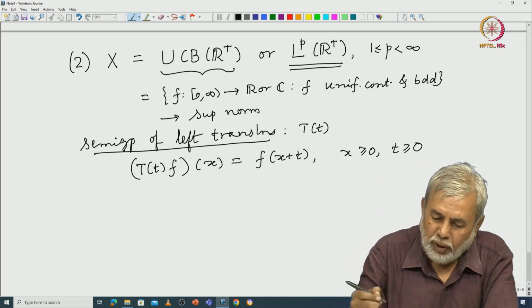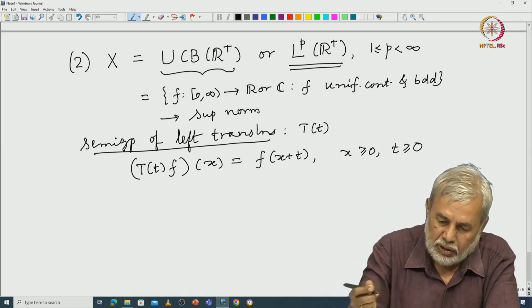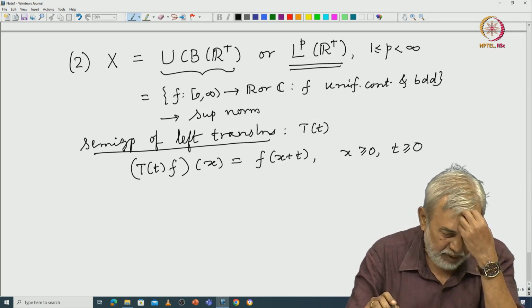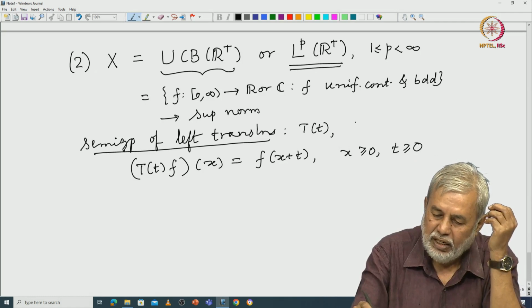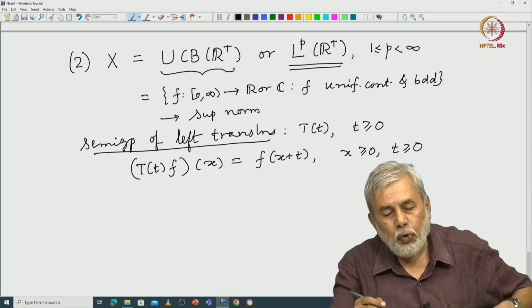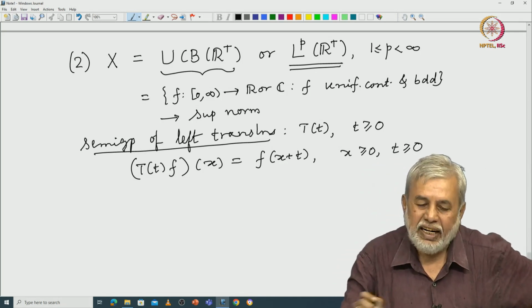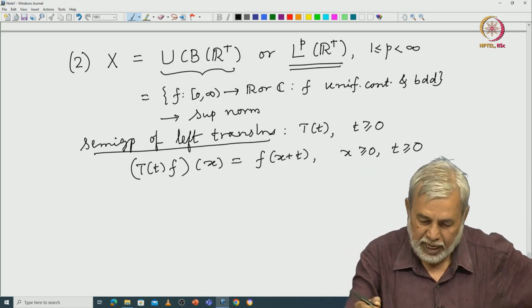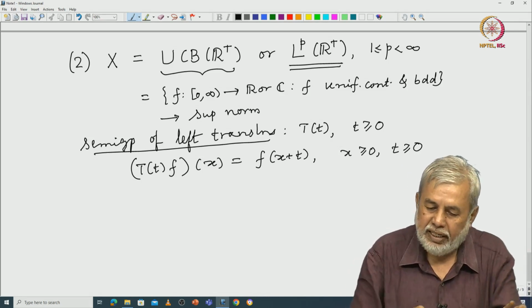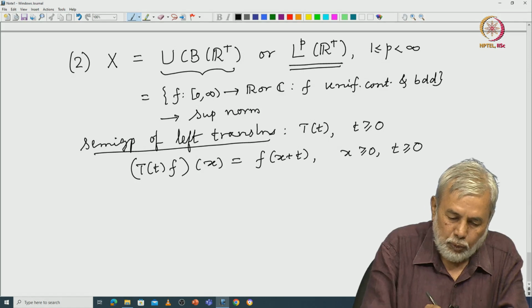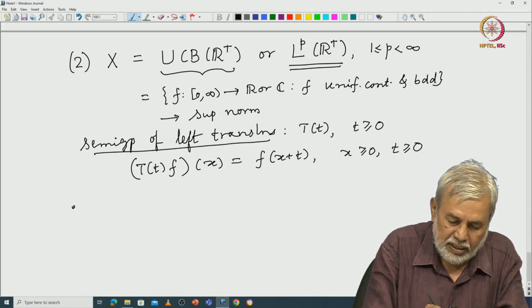So, we can also consider, instead of R plus, the entire real line, and in that case this T t is defined for all t in R. So, we get a group of translations, both left and right, as you take t positive or t negative. Okay. So, let me just concentrate on this thing. Okay. So, verify this T t is a semi group.